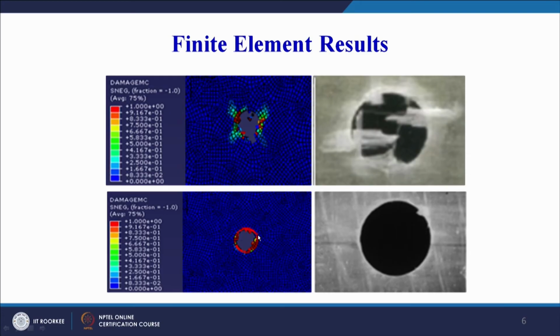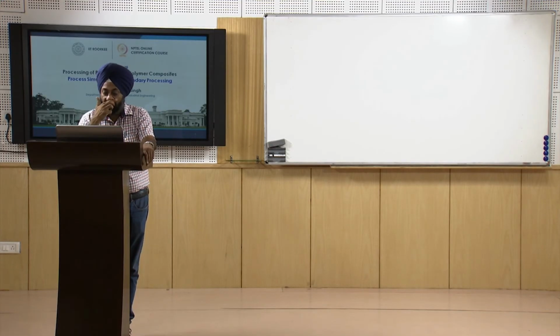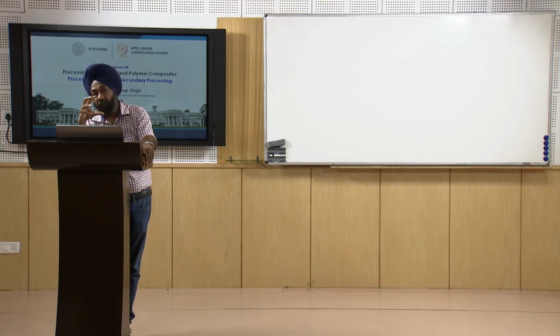So similar type of results are possible when we use a composite material and when we use a simulation process for understanding the behavior of the composite material under the machining action.